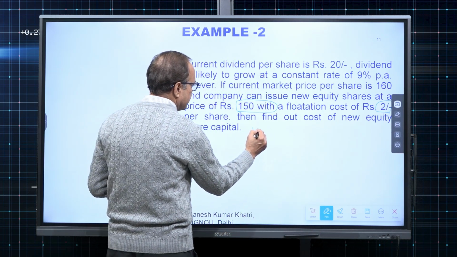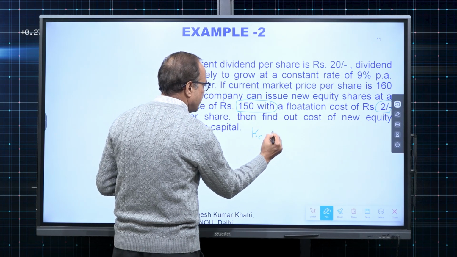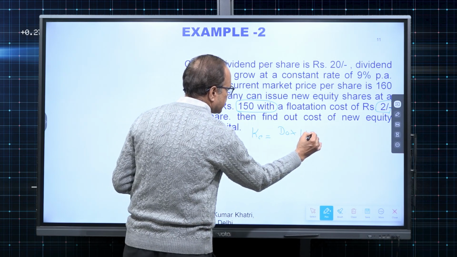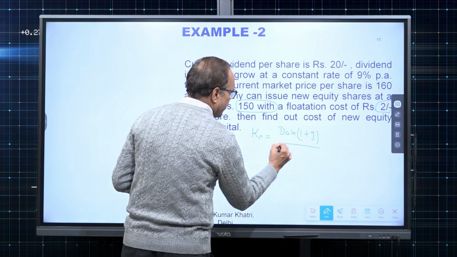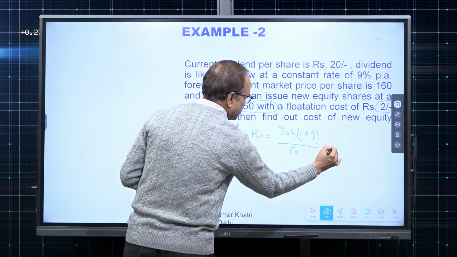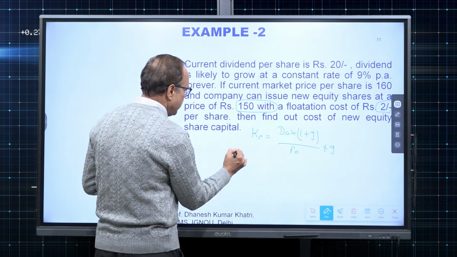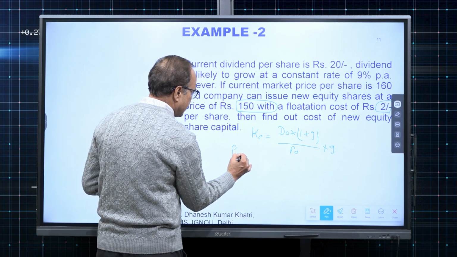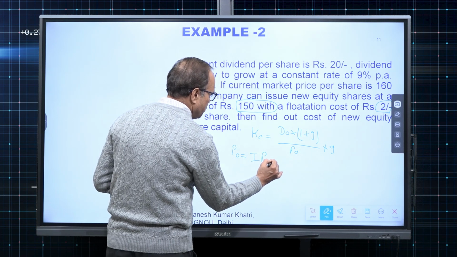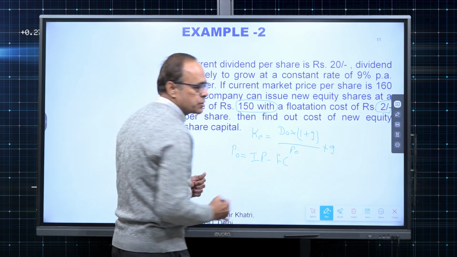In that case KE will be the same formula, D0 multiplied with 1 plus G, divided by P0, plus G.